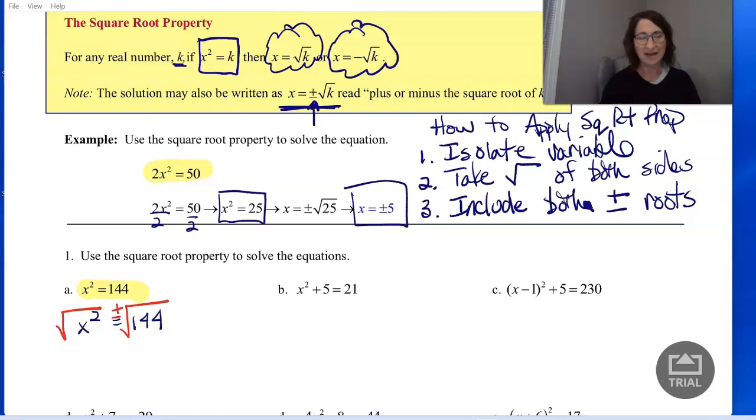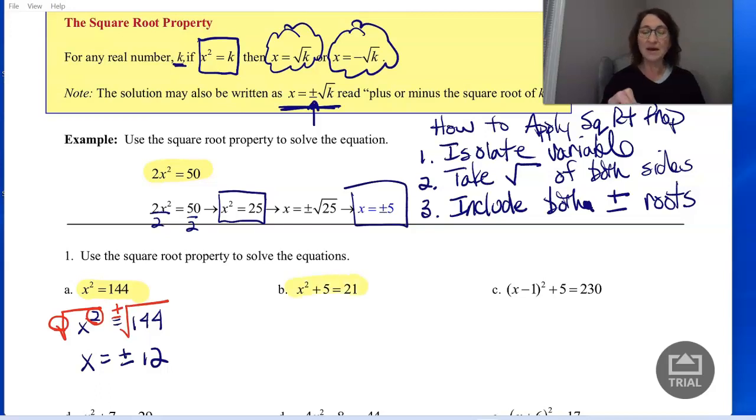On the left side where we have our variable, now we've got an exponent that equals our index. We know what happens when we have that. That's going to allow our radicand to fall out. And so we've got x is equal to plus or minus 12. That one's done.